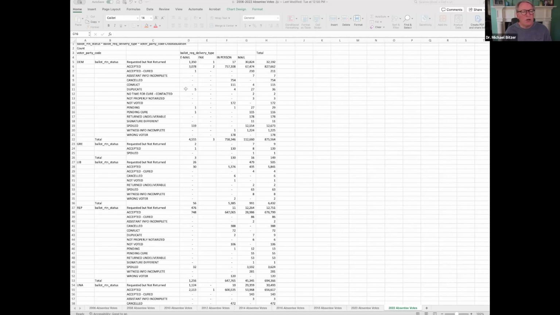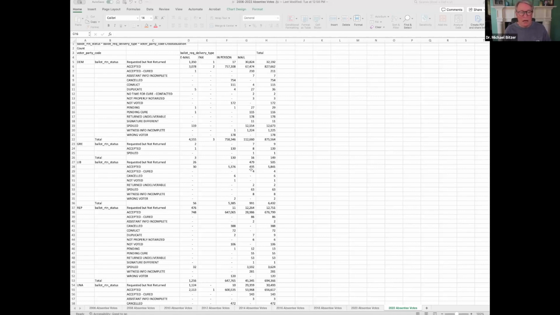The first row shows you registered but did not vote. So these are all the voters within the various party registrations who did not cast a ballot in 2012. Same thing done here in the second area by race and ethnicity.